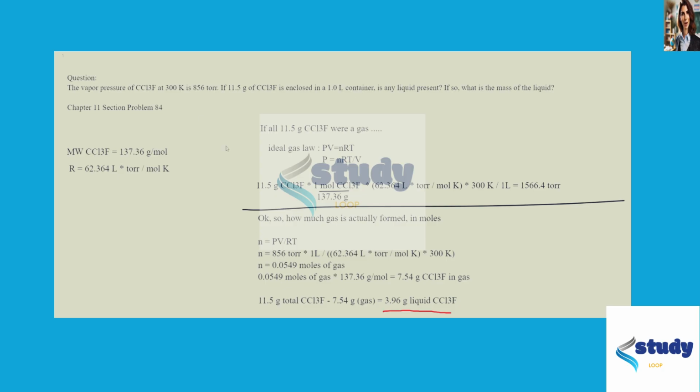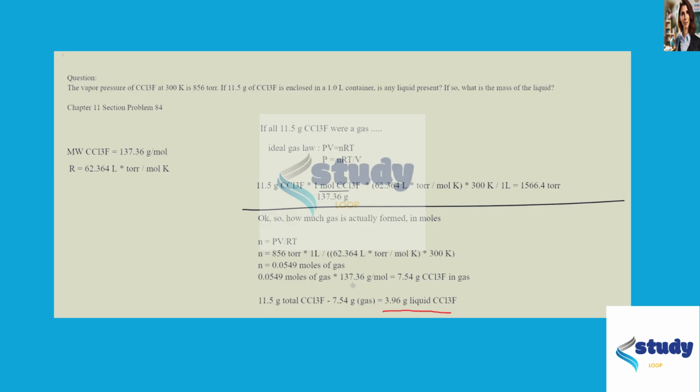Using the vapor pressure, the pressure is 856 torr times 1 liter divided by, again, the gas constant times the temperature, so 62.364 liter torr per mole K times 300 K. That should give you 0.0549 moles of gas that are formed due to that vapor pressure.